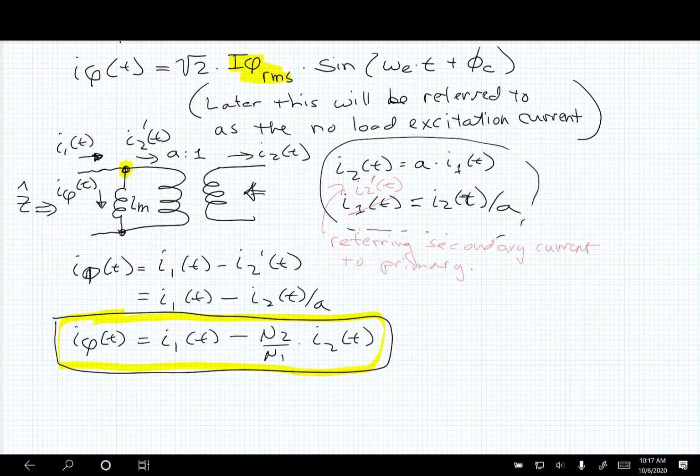We're going to look at impedance looking in from the primary side, and impedance looking in from the secondary side, and we're going to be able to derive turns ratio relationships between primary and secondary quantities of voltage, which we've already done, current, which we've already done, and then impedance, and then we've got everything we need to solve any transformer problem. Any questions?